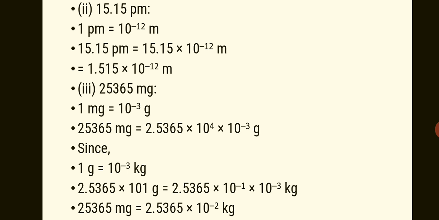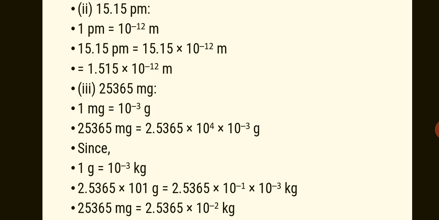So 25,365 milligram can be written as 2.5365 into 10 raised to power plus 4, because the decimal has been shifted from the 5th place to after the first digit of 25,365.